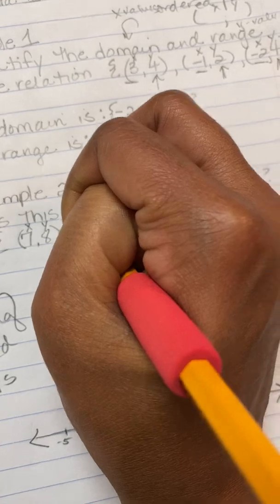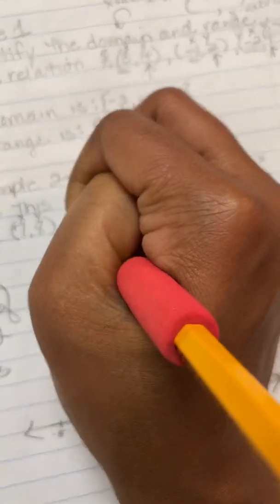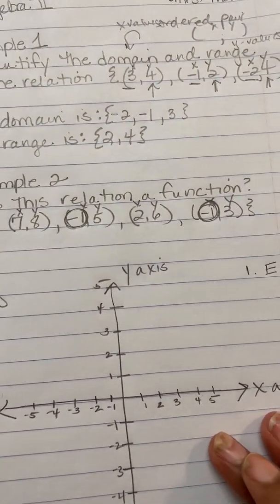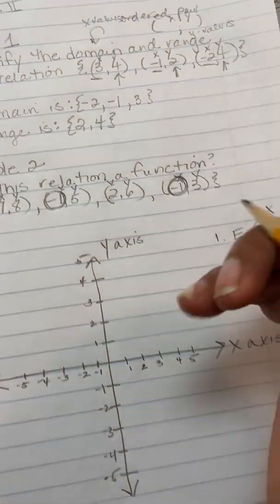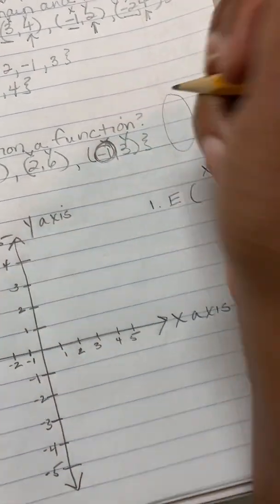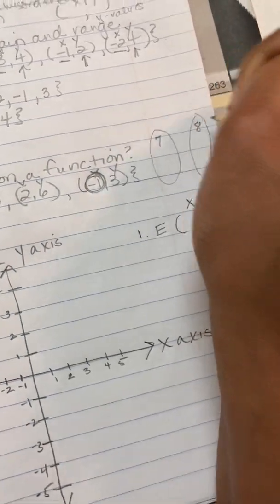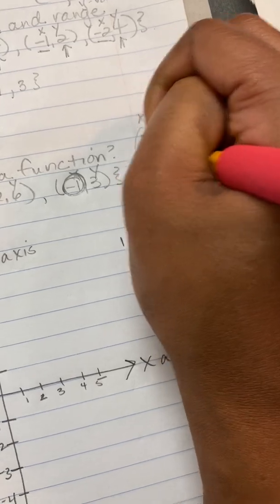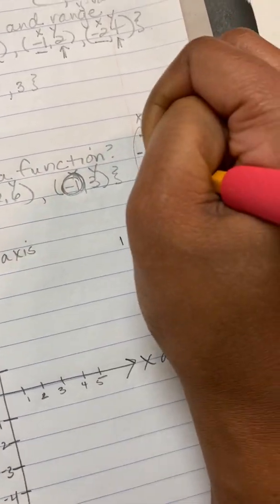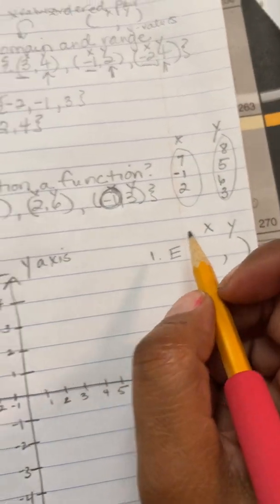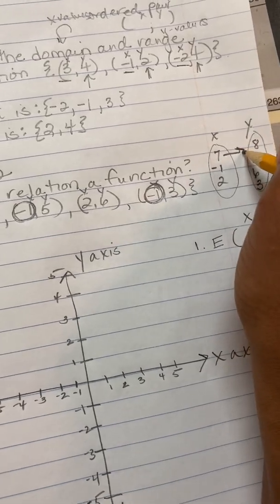This is not a function because I can't have 2 x's with the same value. They call this mapping, where you'll have, for instance, 7, 8. So these are x and y values. -1, 5, 2 goes to 6, but then the -1 goes back to the 3. So this will be an example of what they call mapping.